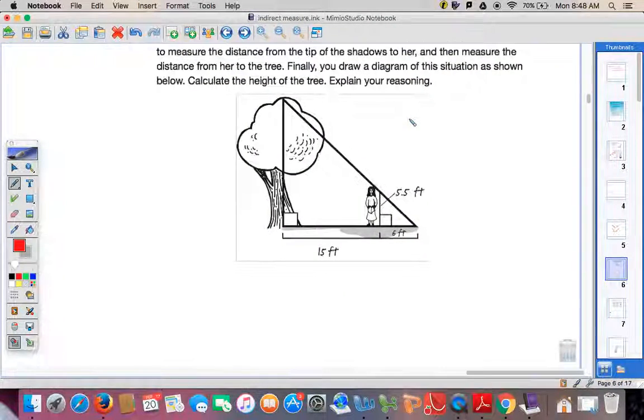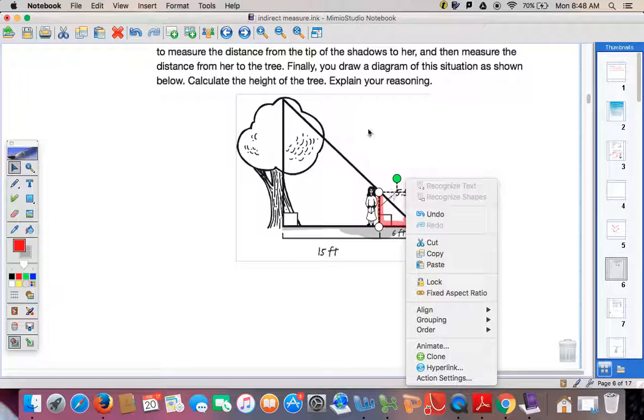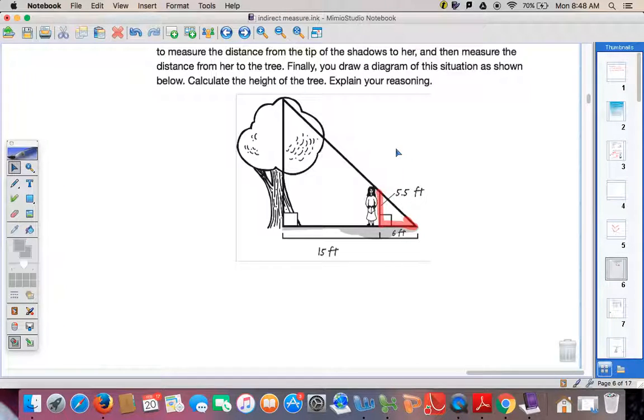So this, again, is just using similar triangles. And our similar triangles here are, we've got this triangle here, this triangle here. Okay, so if we draw this, we've got that this is 5.5 feet, and this is 6 feet.